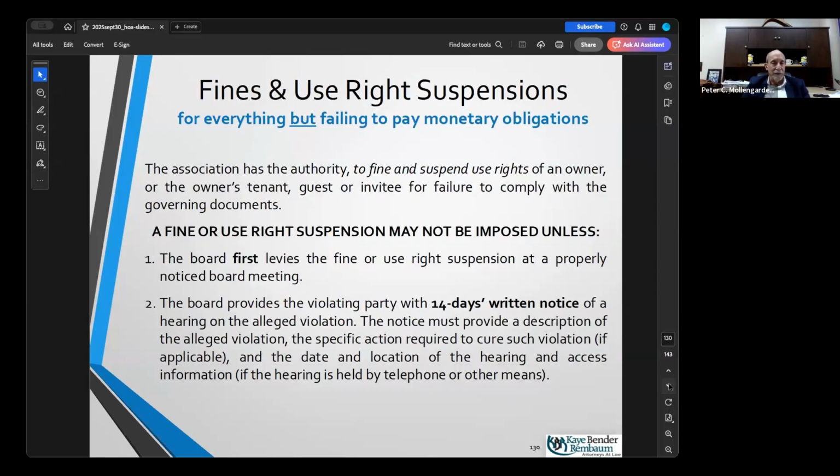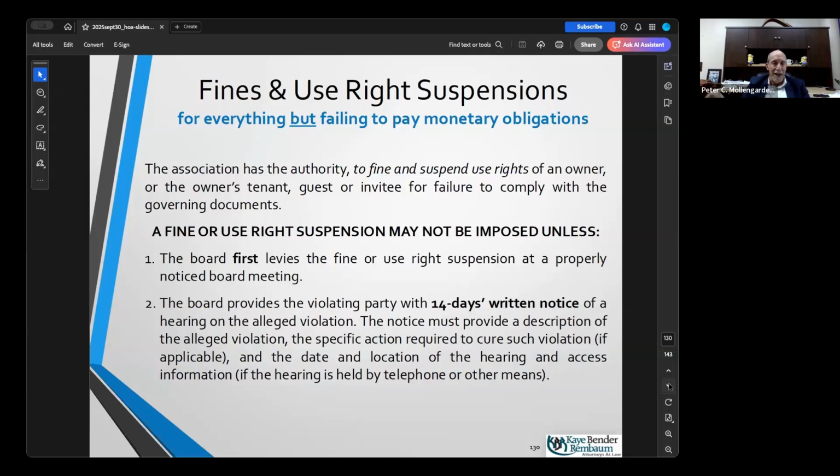What about fining and suspending? For non-monetary violations, like violations of architectural control or use or other things like that, you have the right to fine and suspend. But you have to jump through certain hoops in order to fine an owner or suspend their use rights. First, the board imposes or levies the fine or suspension at a board meeting.